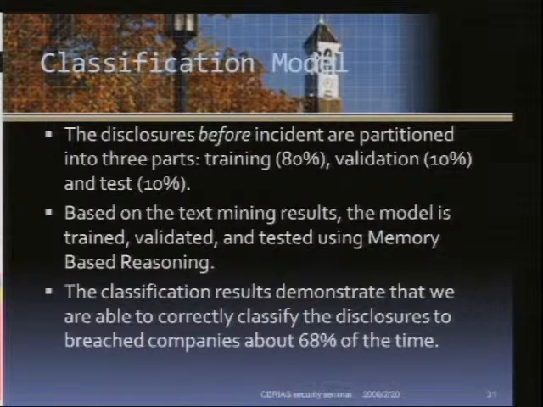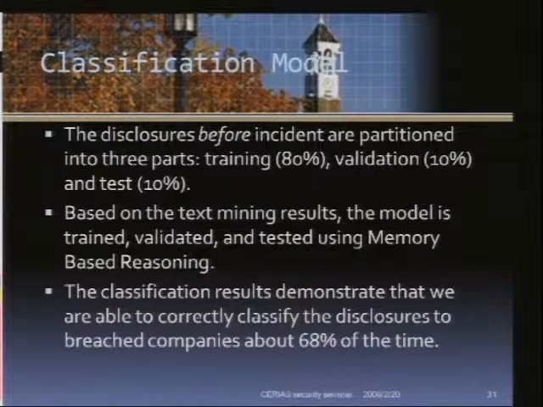The validation results show that the model works accurately 75% of the time. That is, three-fourths of the time the model can correctly classify a disclosure into breach firm or non-breach firm.